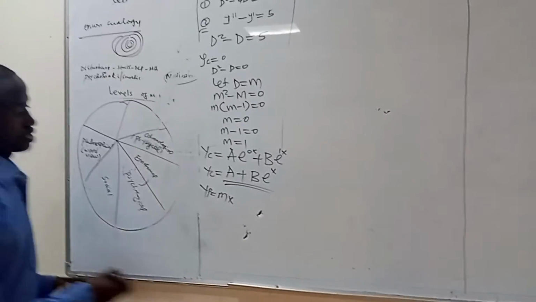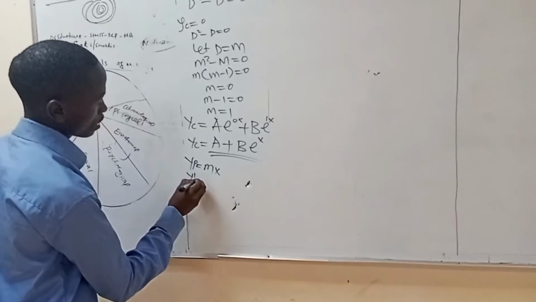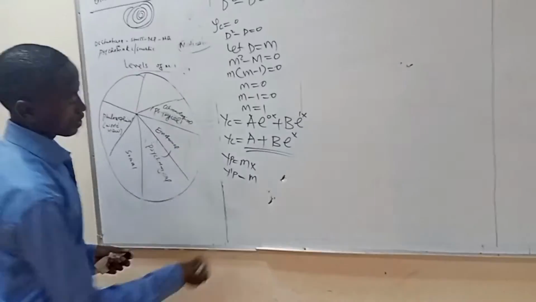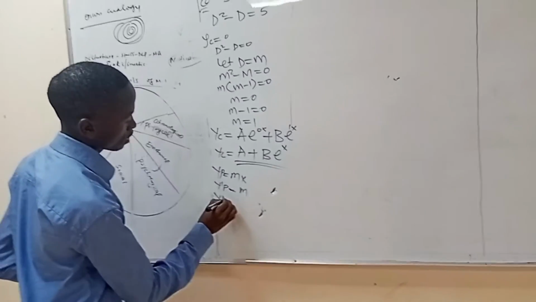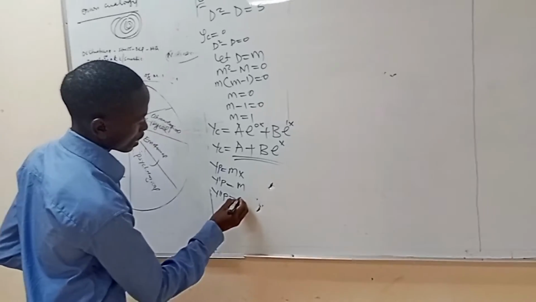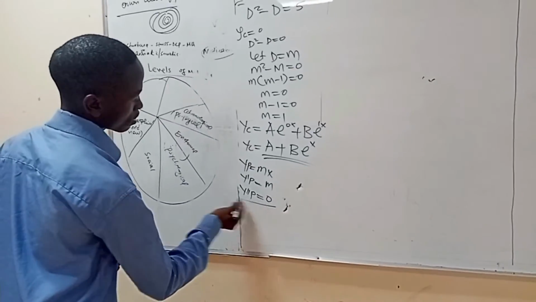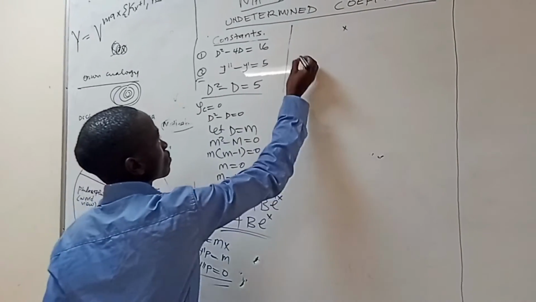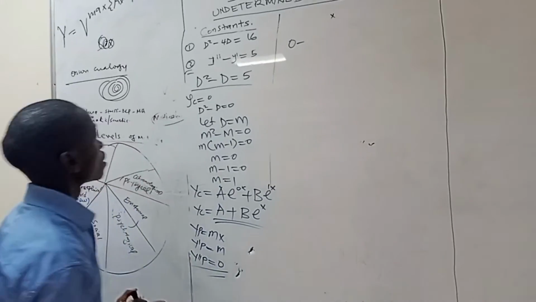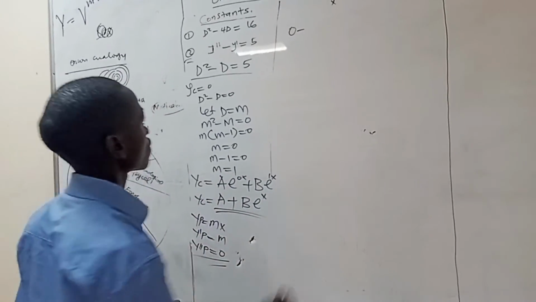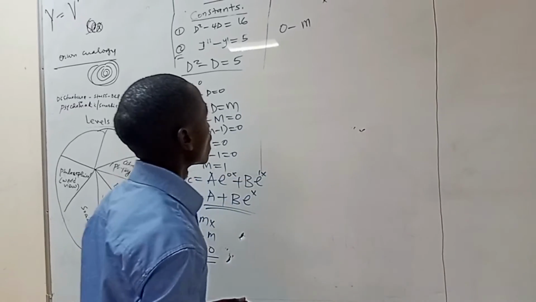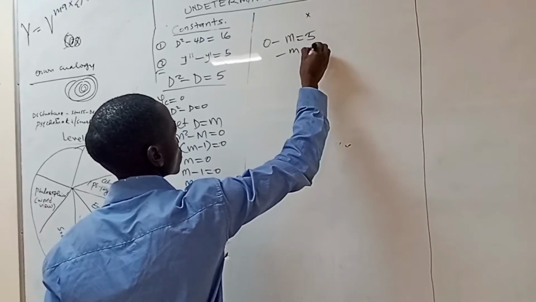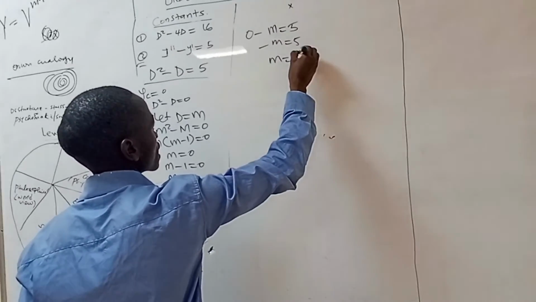When it is mx, let's differentiate. The first derivative of this will give us m, and the second derivative of this yp is giving us 0. So once again, you just replace all this in your equation. On the second derivative, you have 0 minus your first derivative, which is m, and this one you are equating with 5. So it is negative m is equal to 5, so your m was negative 5.